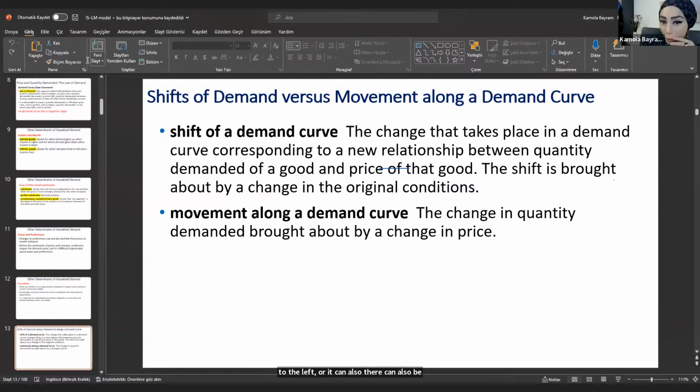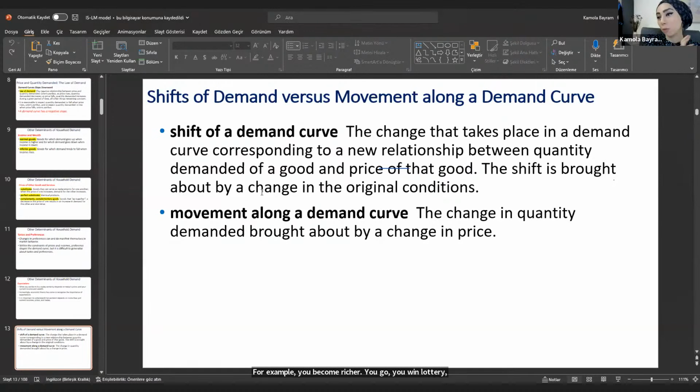Shift of a demand curve is the change that takes place in a demand curve corresponding to a new relationship between quantity demanded of a good and price of that good. The shift is brought about by a change in the original condition. For example, you become richer, you win the lottery, or there are also changes in your tastes and preferences, in your expectations.